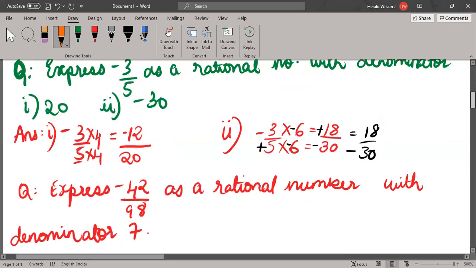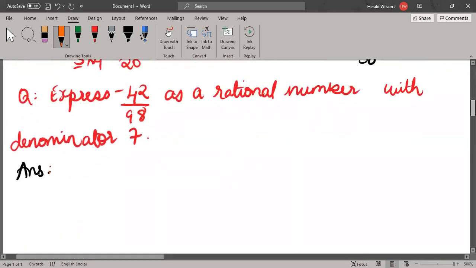But in this question, how will you attain denominator 7? So let me tell you. So minus 42 by 98. I'm not going to multiply now. I'm going to simplify now.